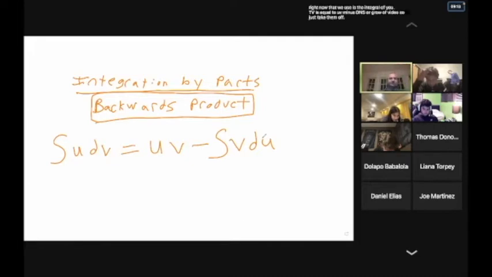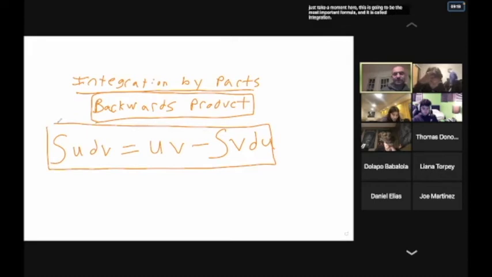So just take a moment here. This is going to be the most important formula of the evening. And it is called integration by parts. It's the integral of u dv equals uv minus the integral of v du.